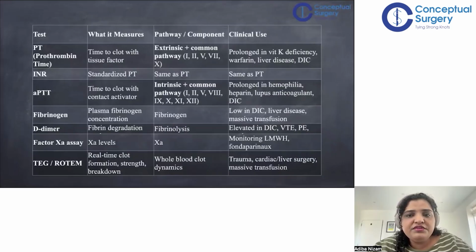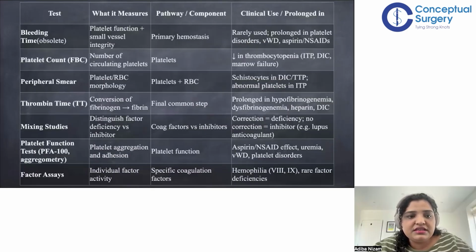These are the tests we are more familiar with, and these are the tests that we more commonly use to assess the functions of the disorders in coagulation that we would come across in trauma and in surgical practice. So these are the tests that we are going to be discussing here.